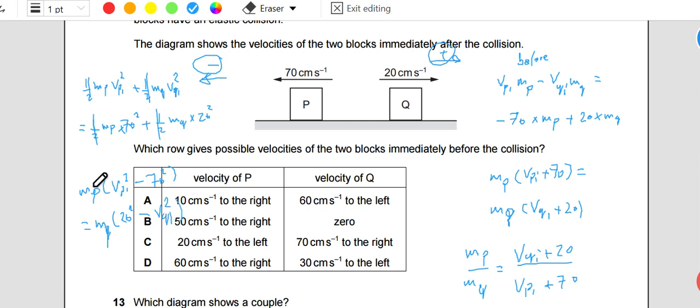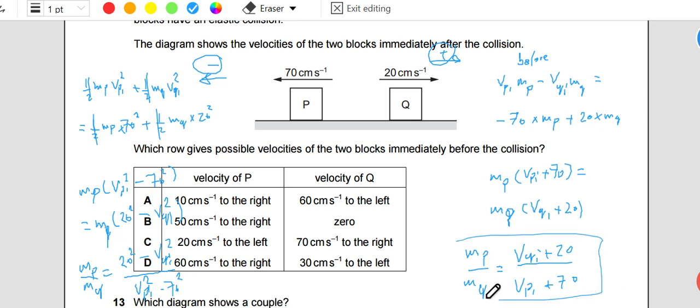Again, I can find MB over MQ to be (20 squared minus VQI squared) over (VBI squared minus 70 squared).